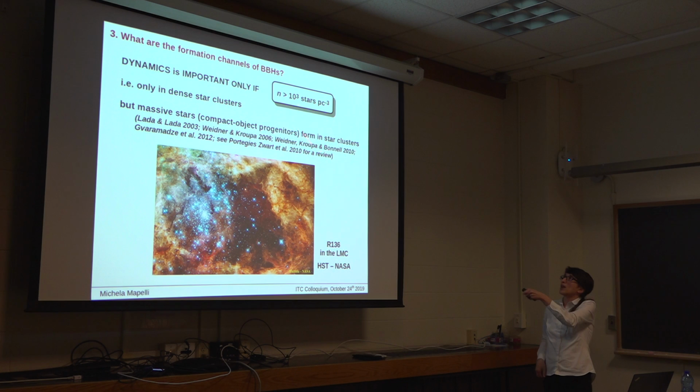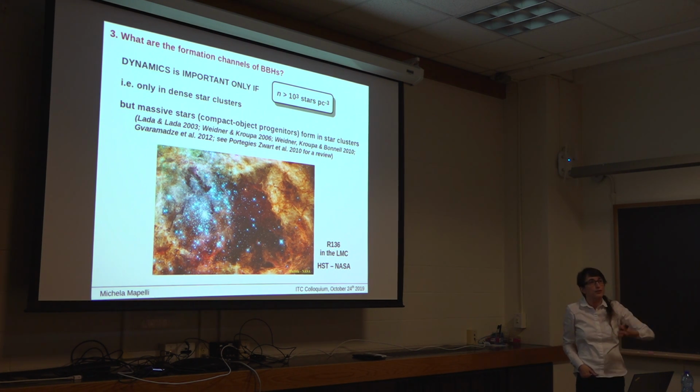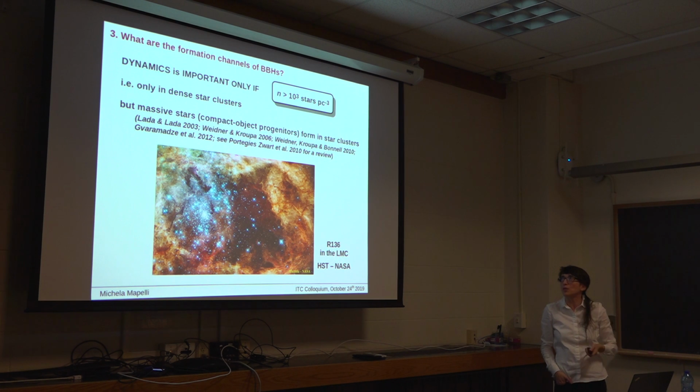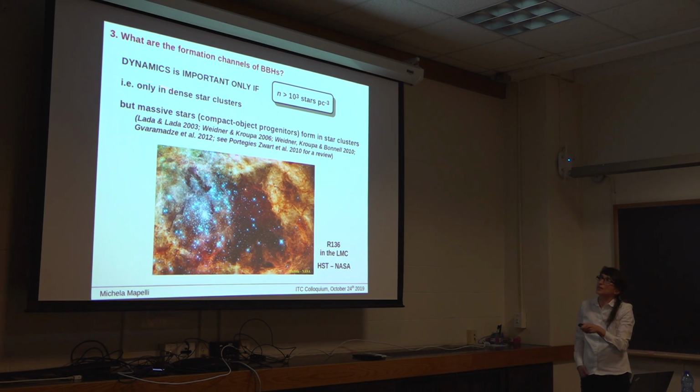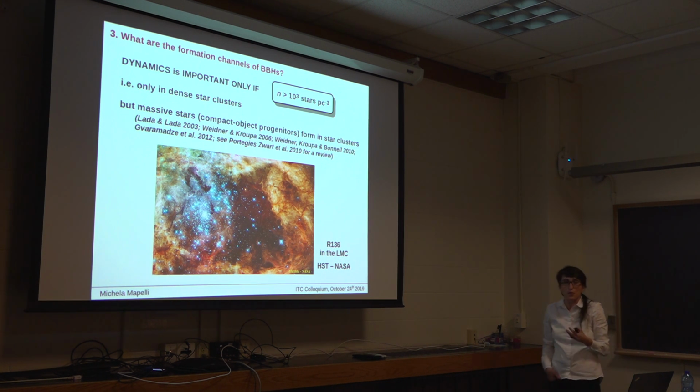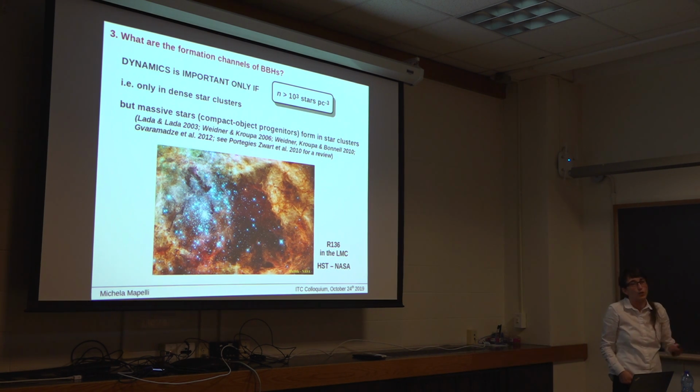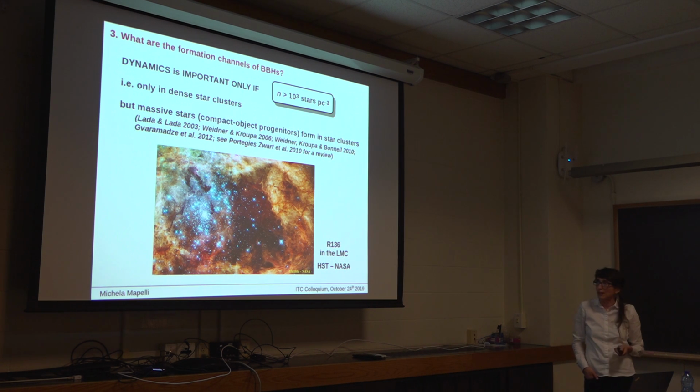And you can say, well, these are quite extreme densities, 4 orders of magnitude higher than the density in the solar neighborhood, but this is the typical density in star clusters, and we know that massive stars, which are progenitors of compact objects, prefer to form in star clusters and OB associations rather than in the field.